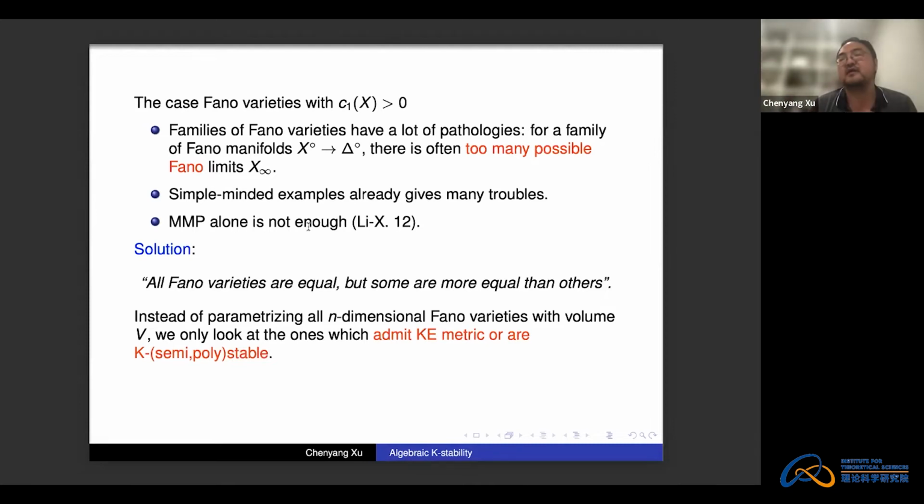So, for instance, you would expect that stability should be an open condition, and also you should expect that after replacing the special fiber, you can always find a stable one, or also that the stable one should be unique. All these things which one needs to establish the moduli of Fano varieties were very hard to work out directly using the definition of K-stability.